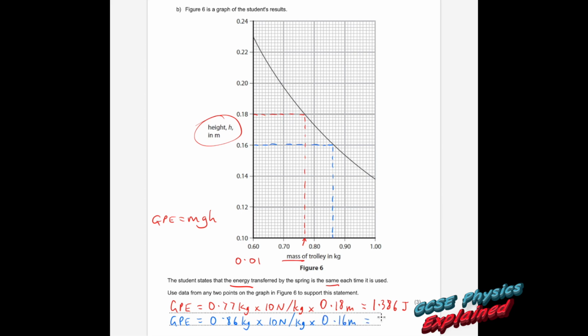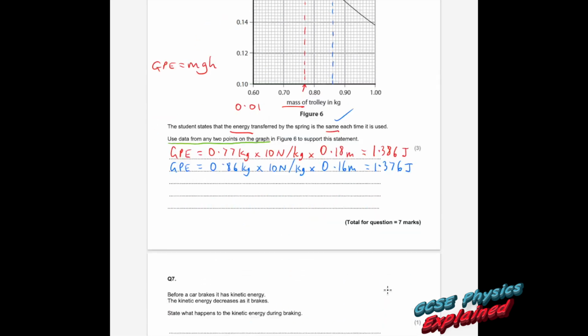And that equals 1.376. Well, that's not bad. That's pretty close. So I would agree with him. It is the same. And that was using data from any 2 points on the graph. That's what they mean. I've seen this type of question time and time again over the last 24 years.